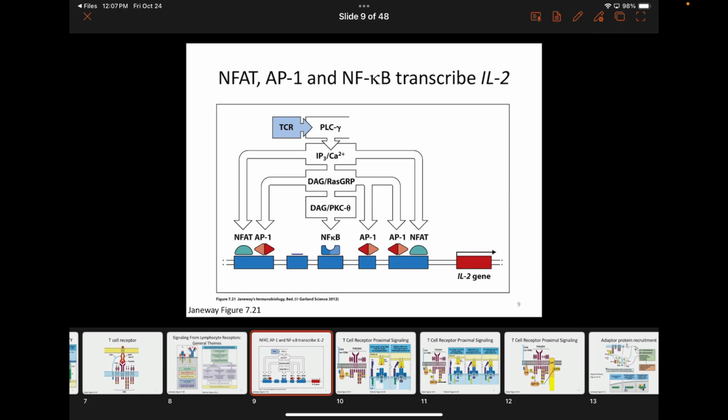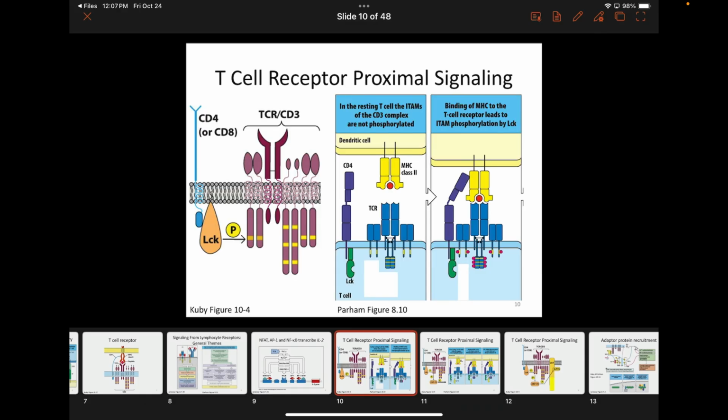When we talk about signal transduction, one way that people sometimes divide up signal transduction is in terms of something called receptor proximal signaling, which means like the beginning stuff, the stuff that's right next to the receptor, or later stuff.